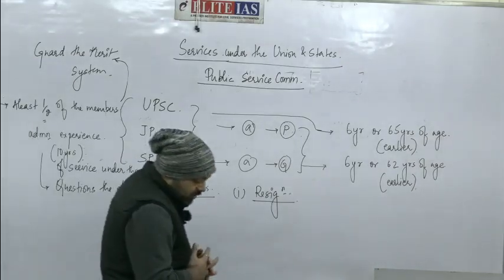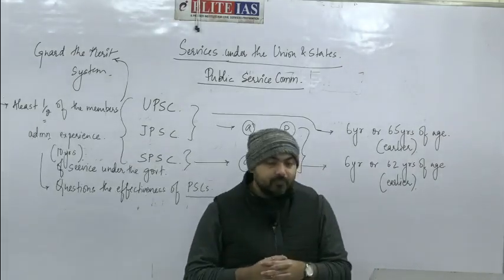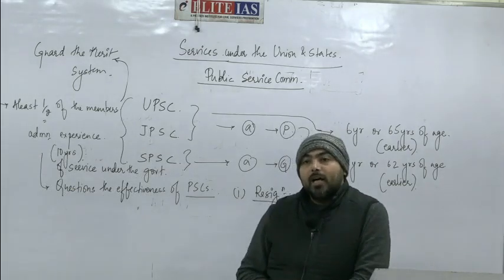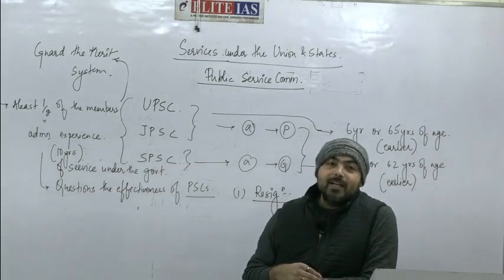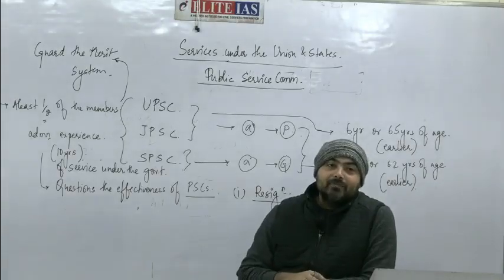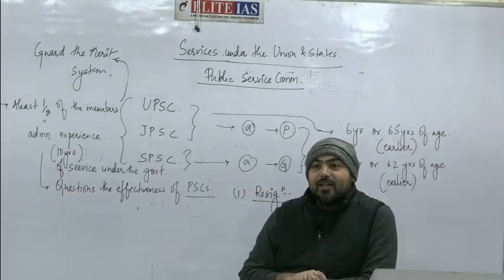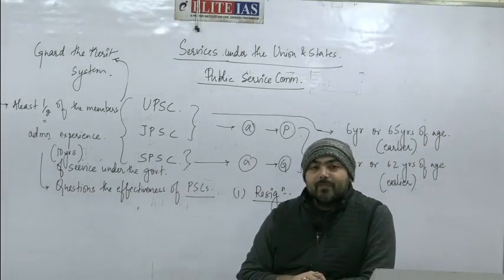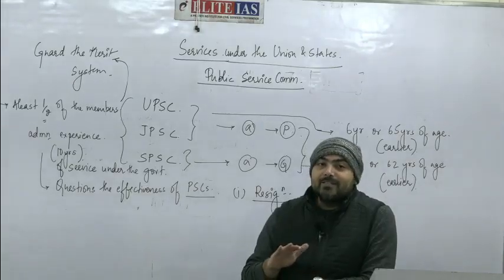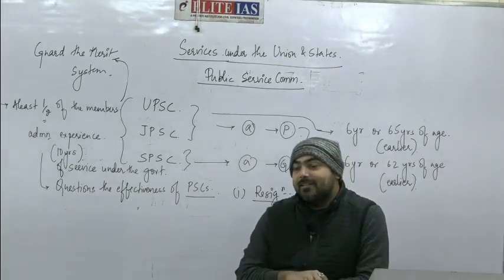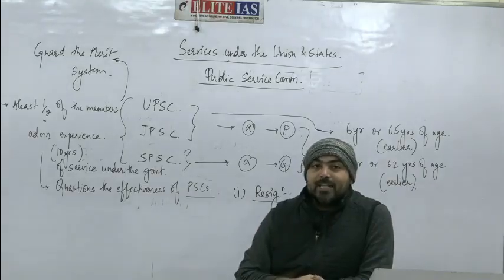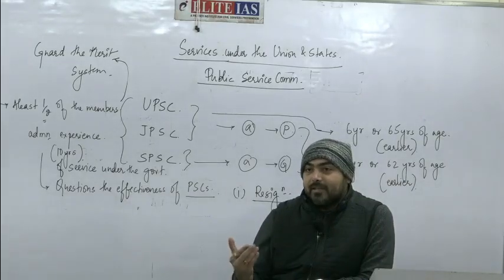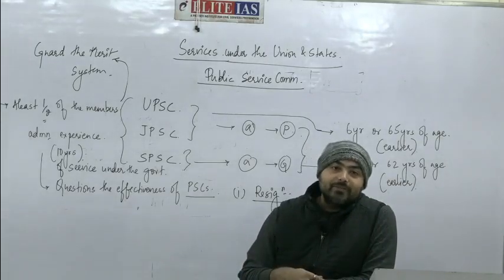First of all, the office of the governor has not been considered as an employment under the union or state. So they can be appointed as the governor, which should not be done.